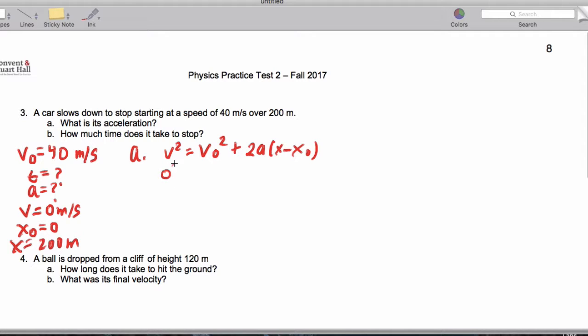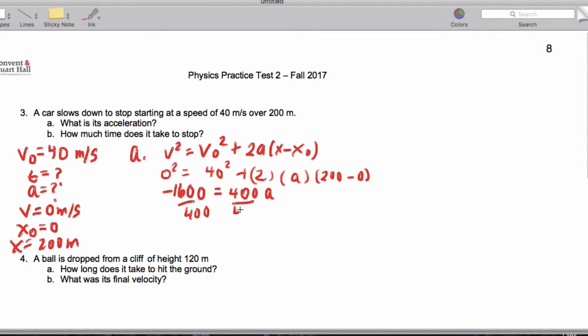So we have 0 squared is 40 squared plus 2 times a times 200 minus 0, and we end up getting negative 1600, a couple of steps there, equals 400 times a. We divide both sides by 400, and what we end up getting is that a is negative 4 meters per second squared.